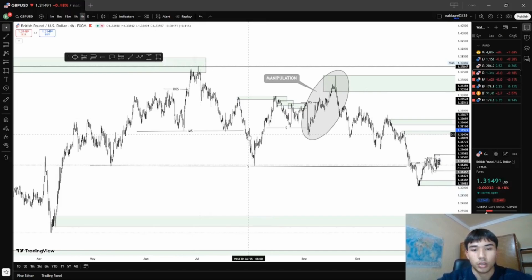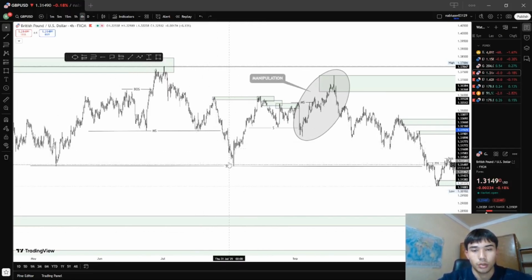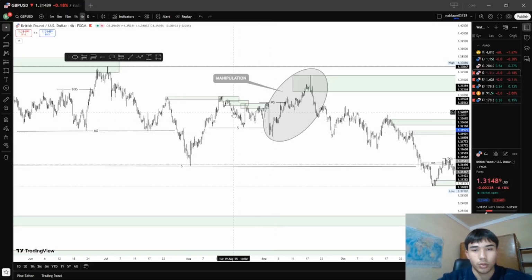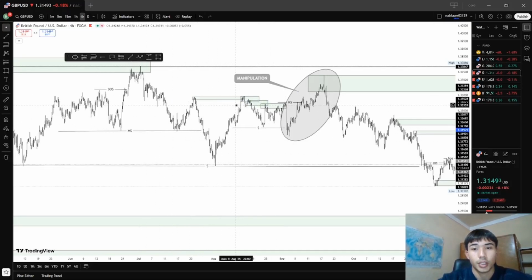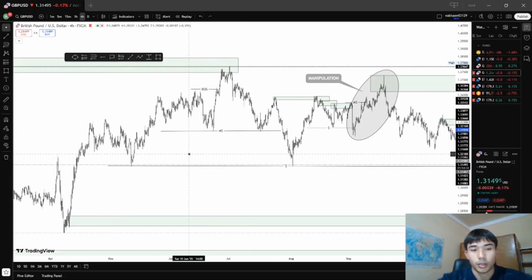There is a market shift, V-shaped reaction. So there is a really good manipulation, because after the V-shaped reaction, price had to go down and get respected from the liquidity candle.